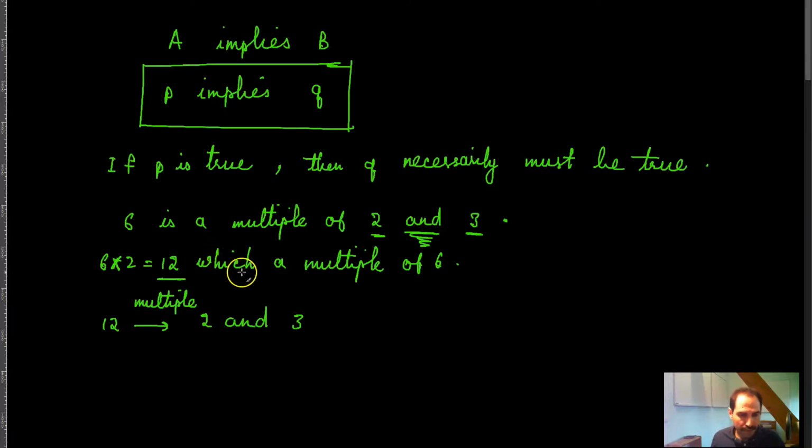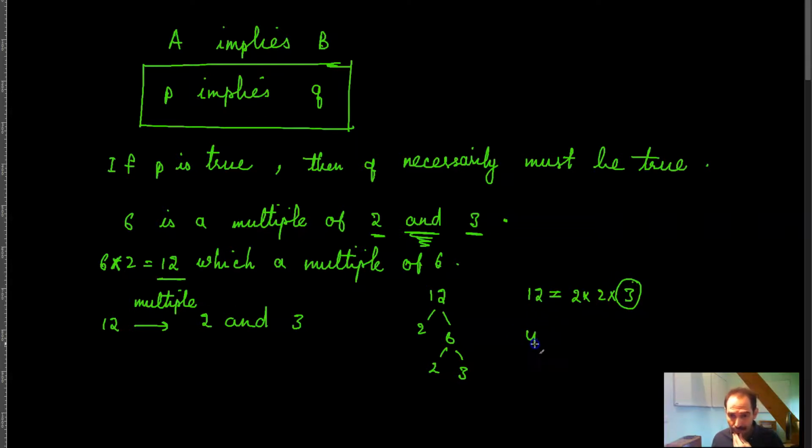Now suppose that I prime factorize 12. I will get 2 times 6 and 2 times 3. That means that 12 can be written as 2 times 2 times 3. Suppose that I take out this factor of 3 from 12.